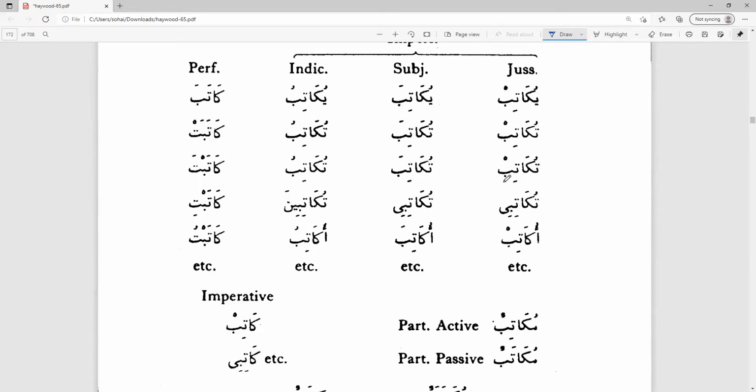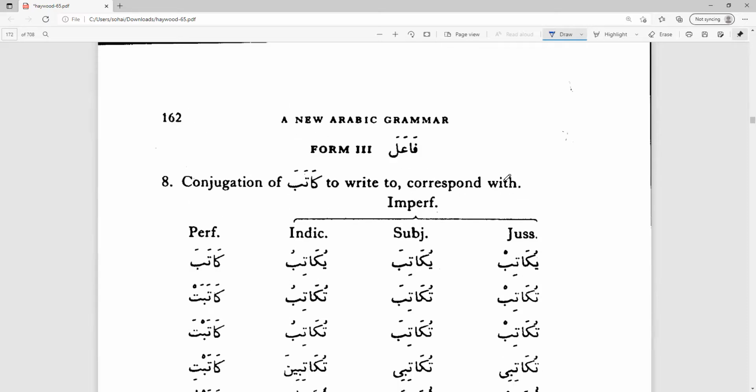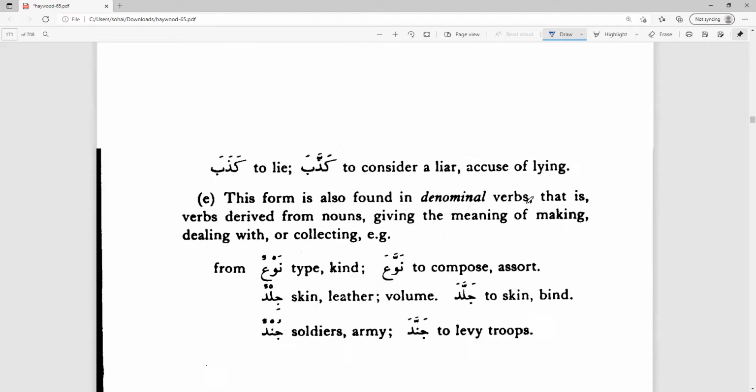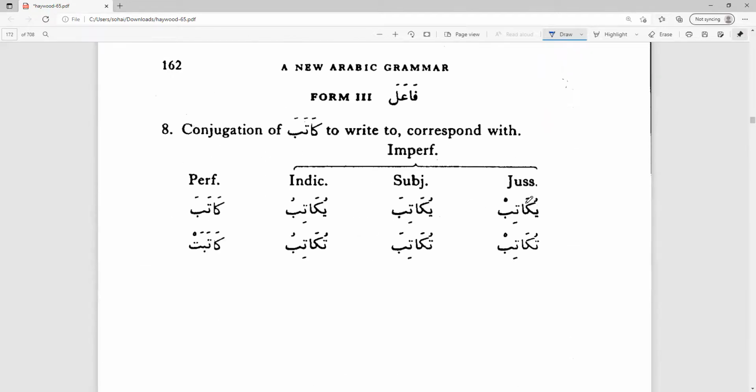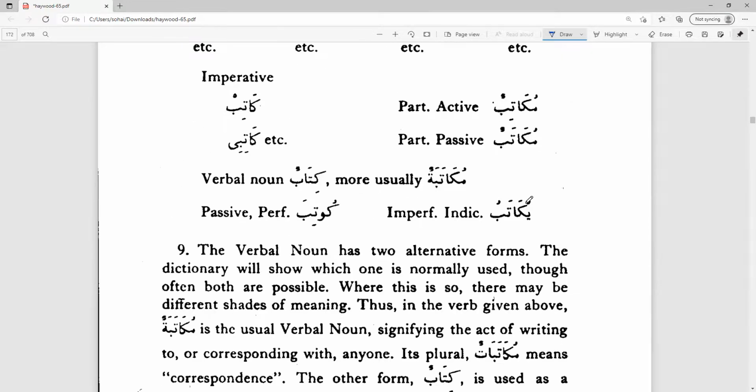Ana qataltu, nahnu qatalna, anta qatalta, antuma qataltuma, antum qataltum, anti qatalti, antuma qataltuma, antunna qataltunna.